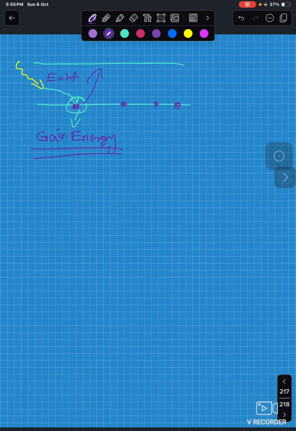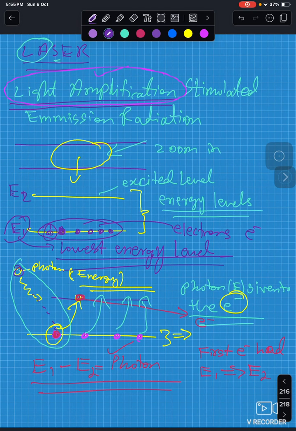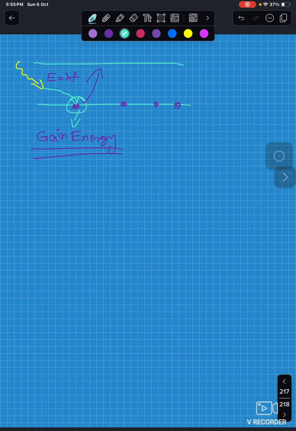Okay, now here there is one key point that we will talk about: light amplification, stimulated emission. Here there's a key point: stimulated emission.